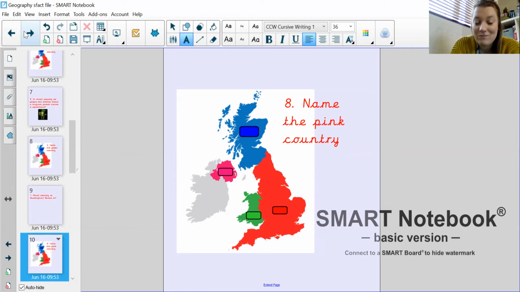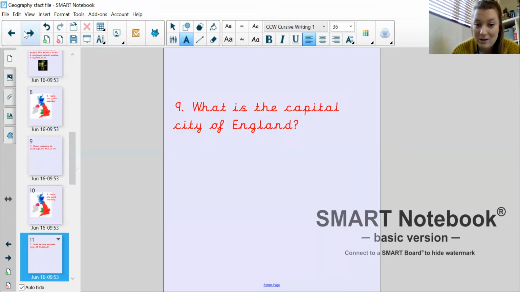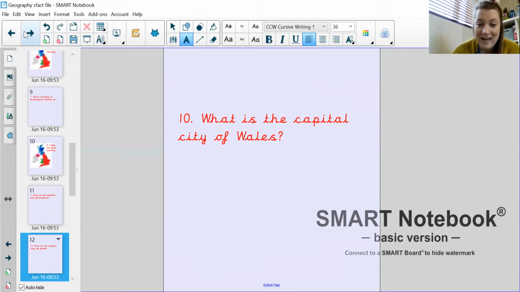Question 8. What is the name of the pink country? Question 9. What is the capital city of England? Question 10.